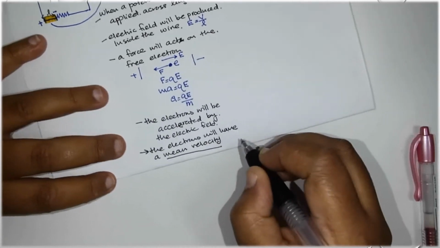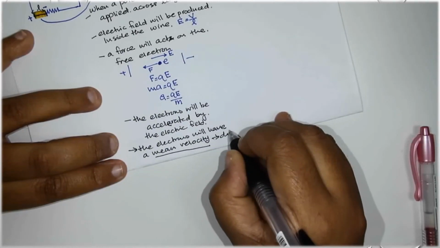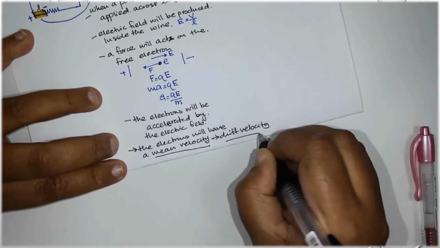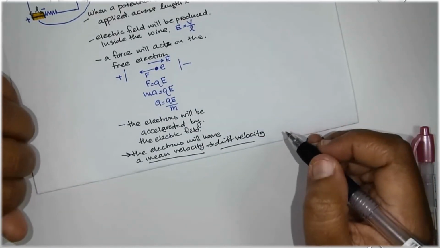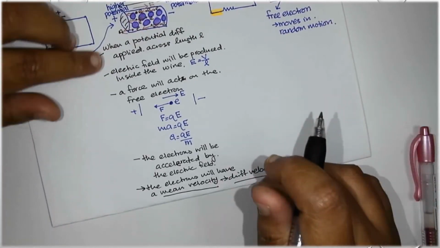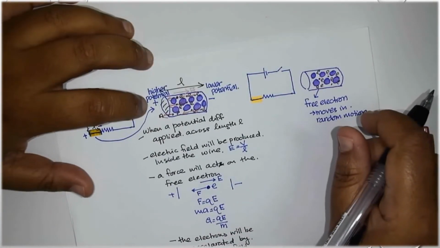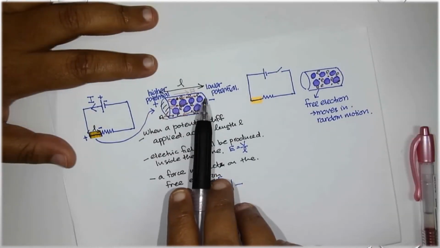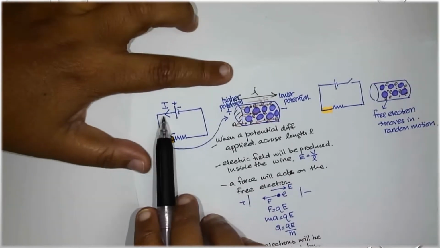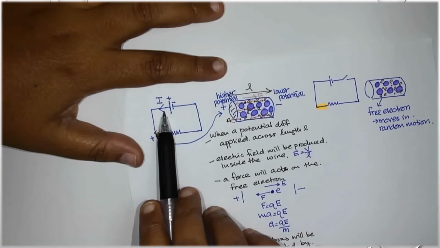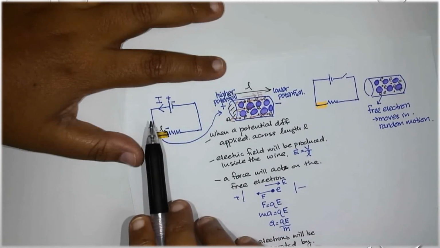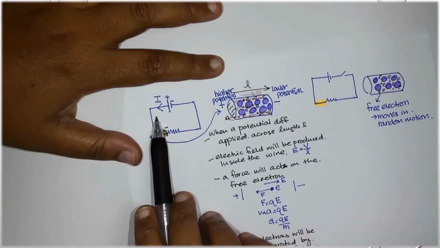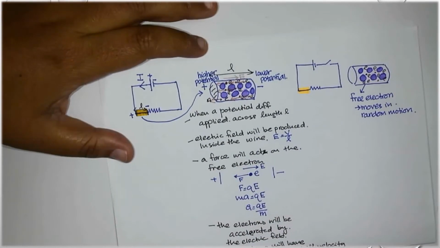This mean velocity will be called the drift velocity. This drift velocity will drift the electrons to the higher potential, and then it will make the electrons flow. The flow of the electrons will constitute or produce the current. Okay, alright, that is the concept.